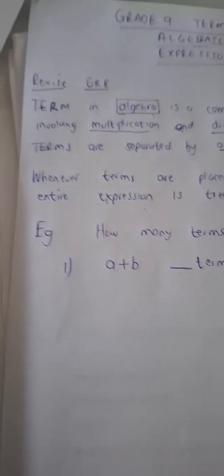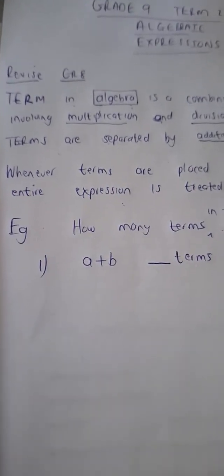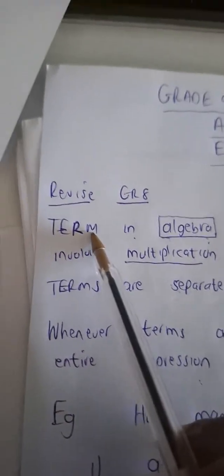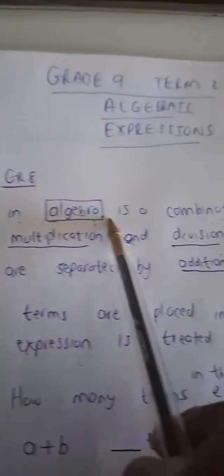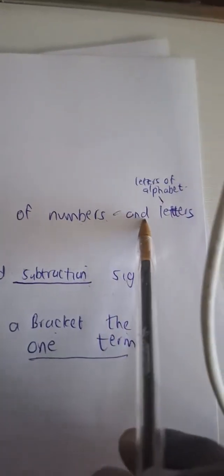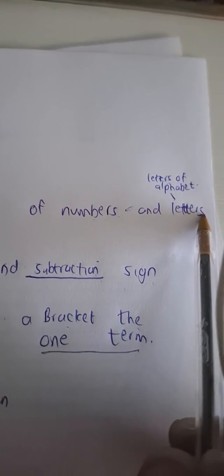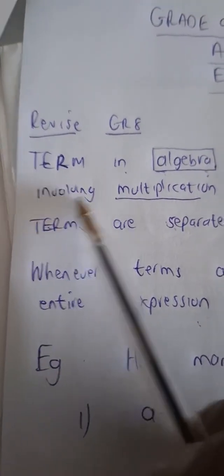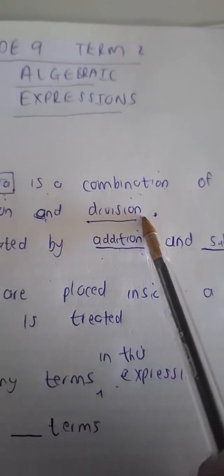Okay, right. Let's go back to the theory again. It seems like not everybody grasped the theory here. Let's just read it again. What did we say? We said a term in algebra is a combination of numbers and letters. By letters, we mean letters of the alphabet. They involve multiplication and division.